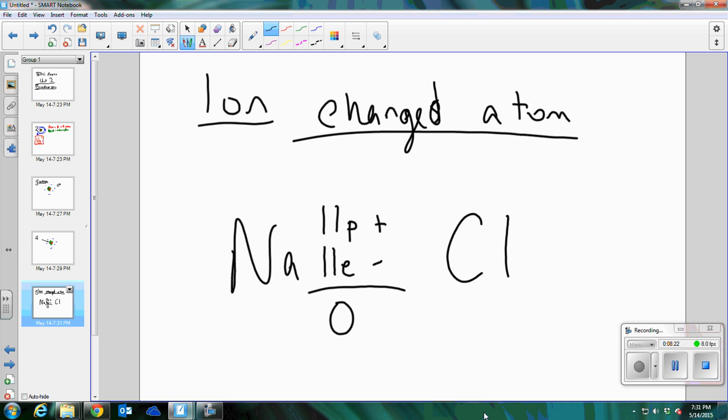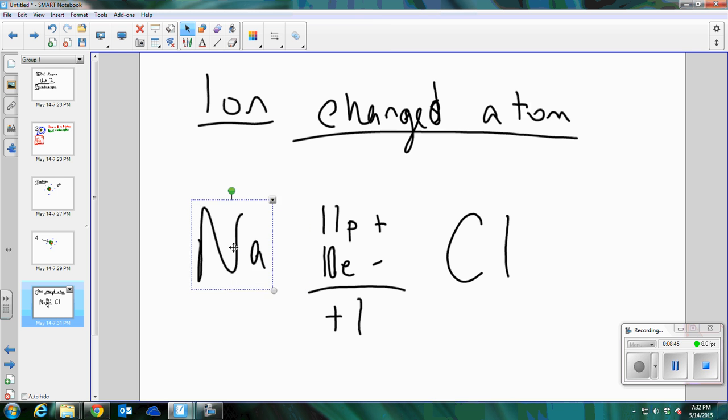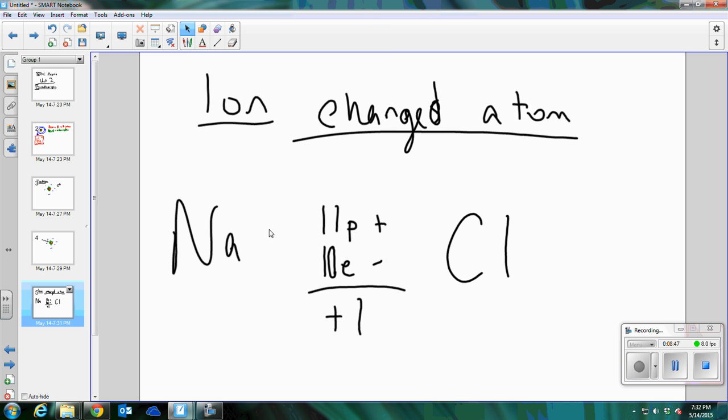Well, what happens if that outside electron goes away? Then you have 10. And so what becomes the new charge of this sodium? Plus 1. And now it's an ion. It is now charged, and so we will typically write ions like so.